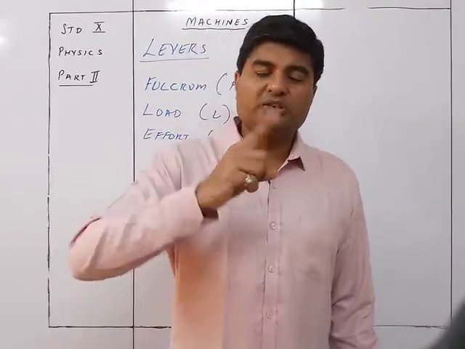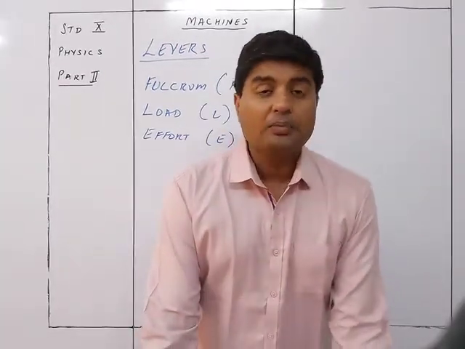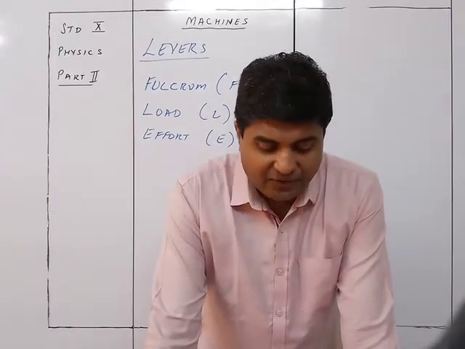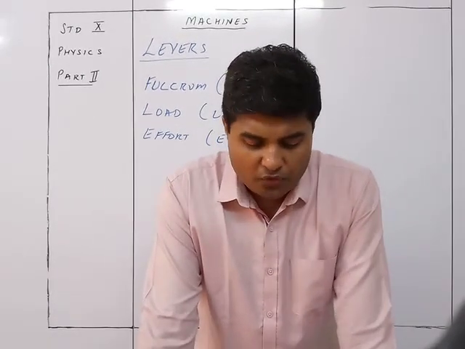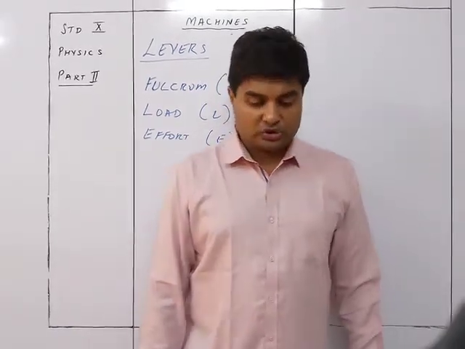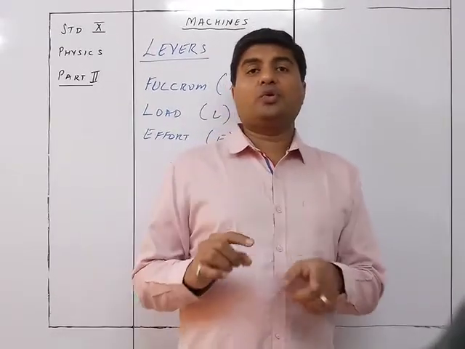The fulcrum is the point at which the movement of that particular lever takes place. It is generally marked with the letter F. This point does not move but remains fixed when the lever is in use, even while it is being used.